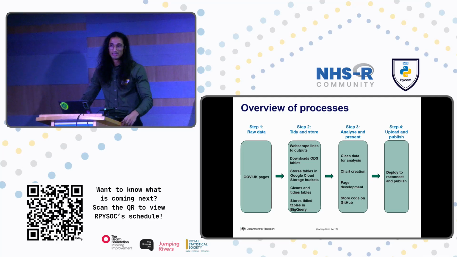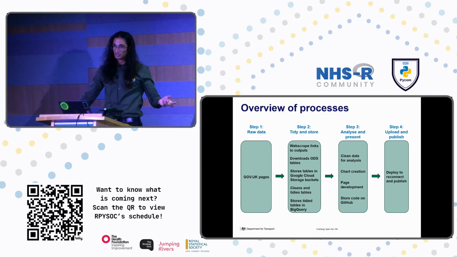The next step is getting that information from gov.uk into a platform which stores it in a way that we can then communicate with using other languages such as R and Python.